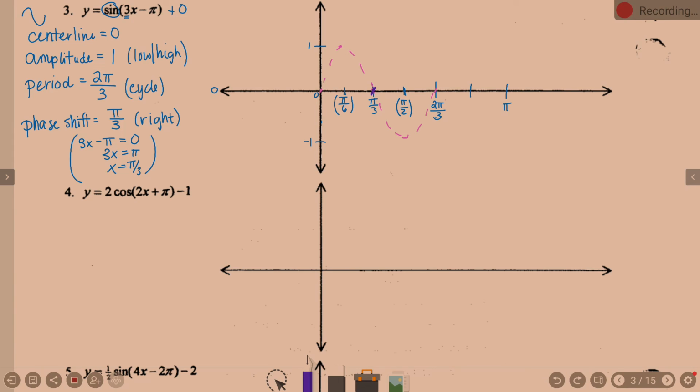Instead of having a max above that first tick mark, I'm now going to have a max in between pi over 3 and 2 pi over 3. Instead of cutting down through pi over 3, I'm going to cross down through 2 pi over 3. Instead of having a minimum below the pi over 2 tick mark, it's between 2 pi over 3 and pi. Instead of ending at 2 pi over 3, I'm now ending at pi. This one that I'm drawing with a solid line is representative of my final answer.